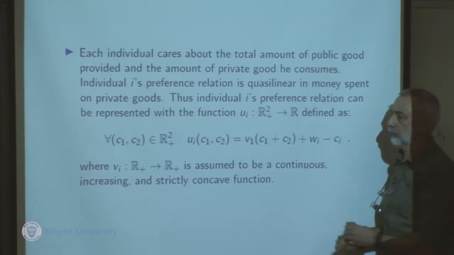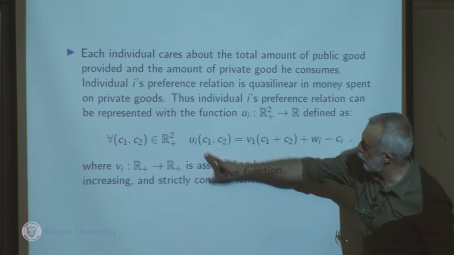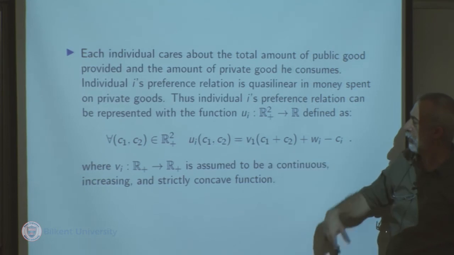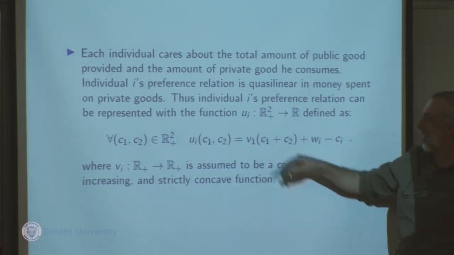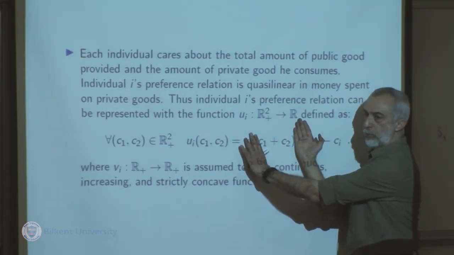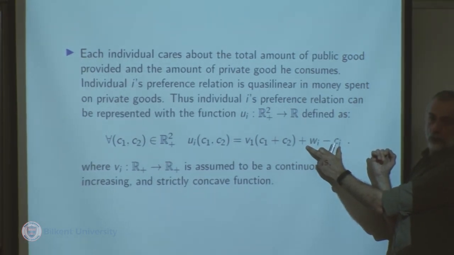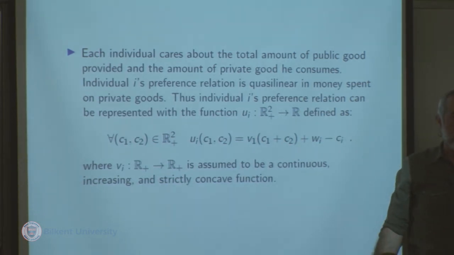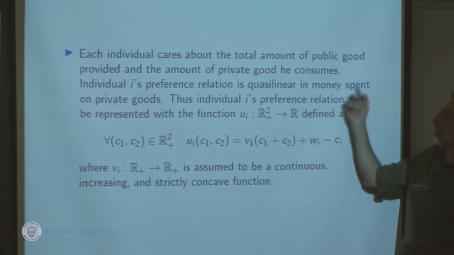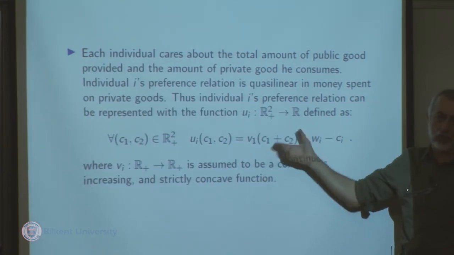And his utility can be written as, well, this should be i: Ui of C1, C2 is Vi of C1 plus C2, let's say that this is the amount of the public good provided, plus money spent on private good. Okay? So that's what quasi-linearity means. It means that it can be written as the sum of the money spent on private good and a function of the other good, which is the public good.